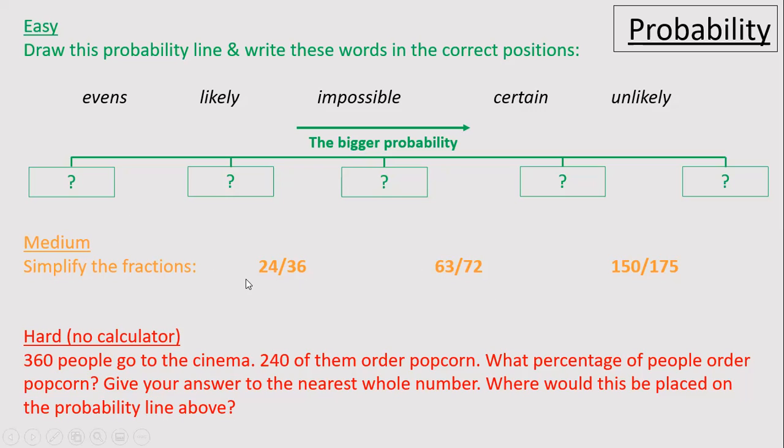Remember, to simplify, you are looking for a number that goes into the top and bottom, and dividing both by the same number so that you get your answers. If I could ask you to give a go at that, please. If you're still doing that, obviously do pause the video.